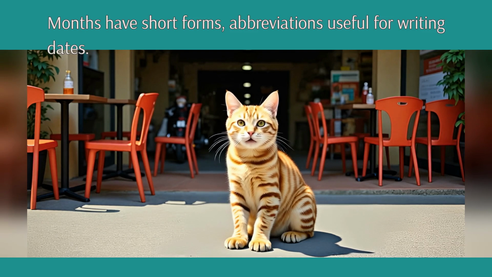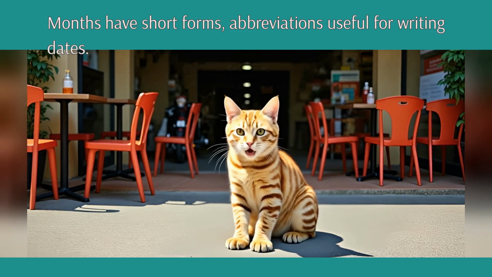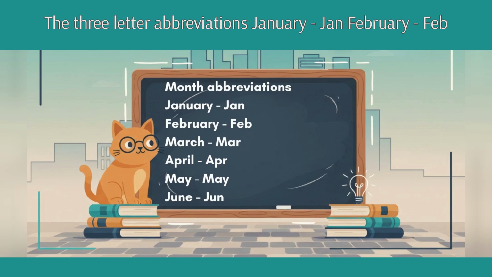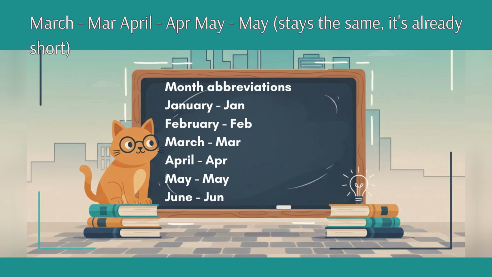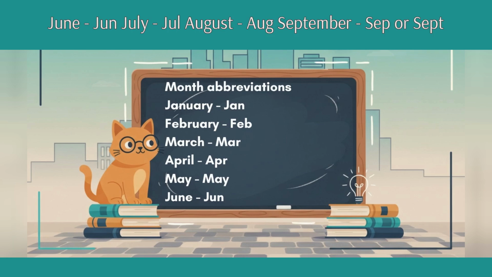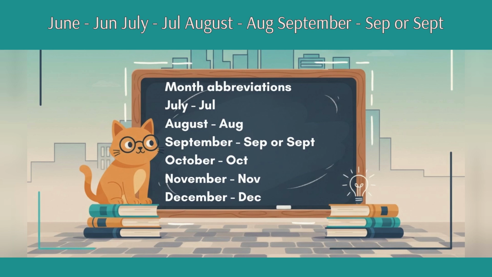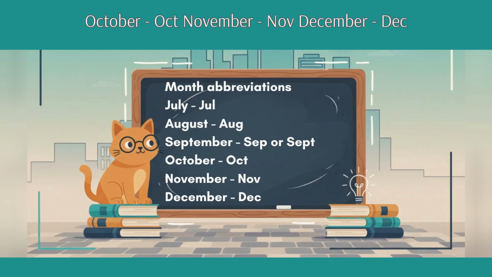Months have short forms, abbreviations, useful for writing dates. The three-letter abbreviations: January, JAN; February, FEB; March, MAR; April, APR; May. May stays the same. It is already short. June, JUN; July, JUL; August, AUG; September, SEP or SEPT; October, OCT; November, NOV; December, DEC.